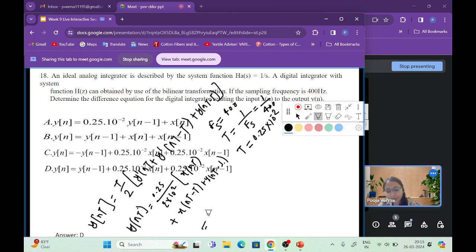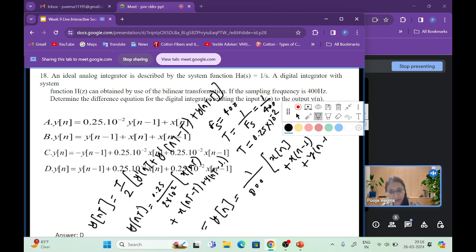So if we write it into generalized form, what we will get is y of n. If we remove the t, and 1 by 4, it will be 1 by 800, or we can write 0.25 divided by 2, or 0.125, in the form of x of n plus x of n minus 1, we are taking t outside, plus y of n minus 1.